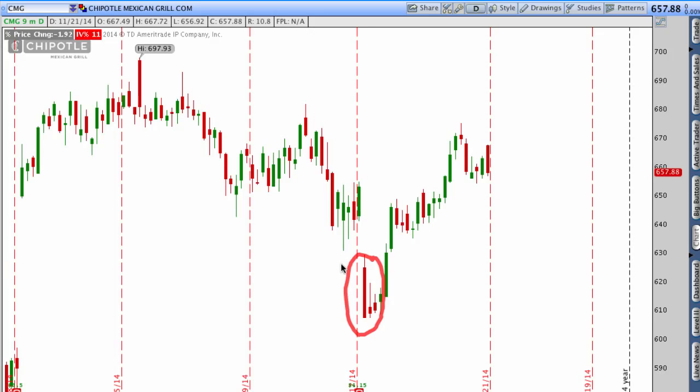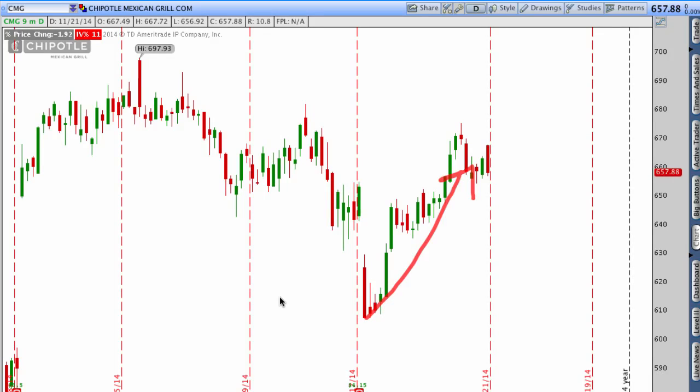The whole idea was that it had really bad earnings, and we assumed that after this bad earnings it would continue to drift lower and head towards around the 580 region. So that's where we centered our trade. We were ideally looking for Chipotle to go down to around 580 by the time we were making this trade.